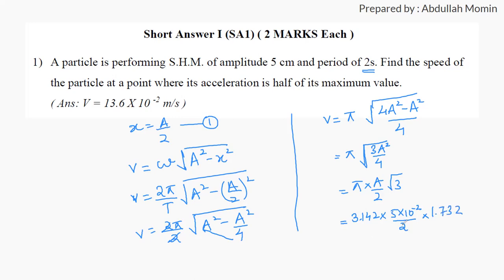So when we solve this equation, we will get 13.6 into 10 raised to minus 2 meter per second. This is the speed of the particle. So I hope you have understood it well. Now moving to the next question.